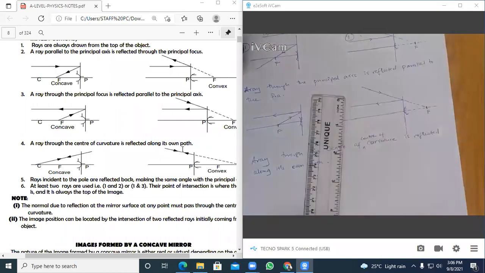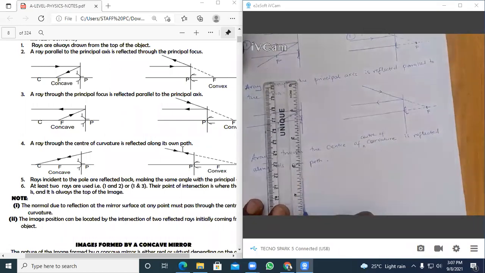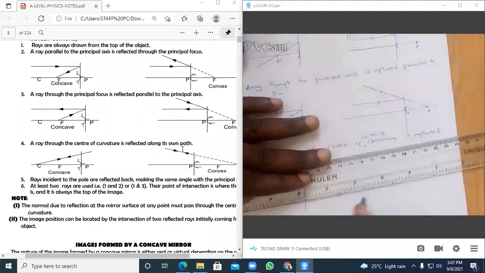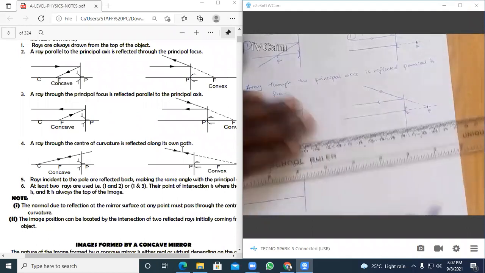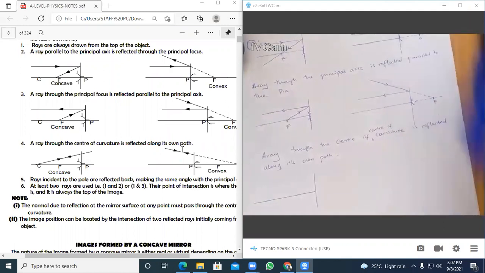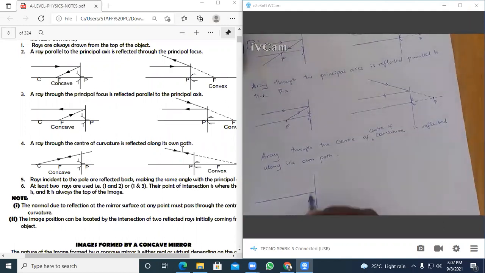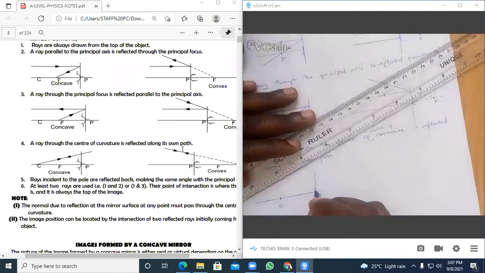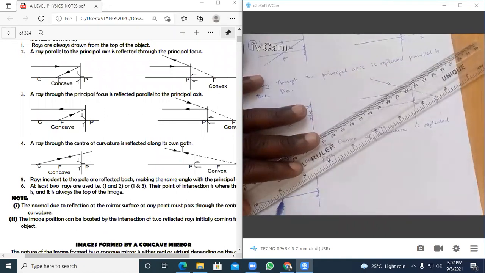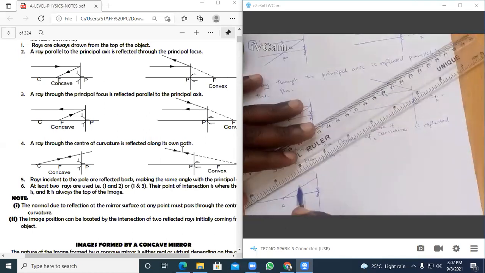What do they mean? That if you have a ray, first of all, let me first draw the concave mirror like that. So if you have a ray through the center of curvature C, and it is directed towards the concave mirror, okay, that's the ray.